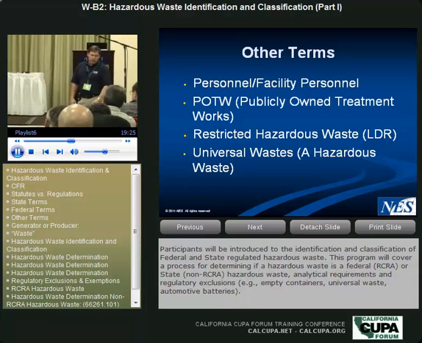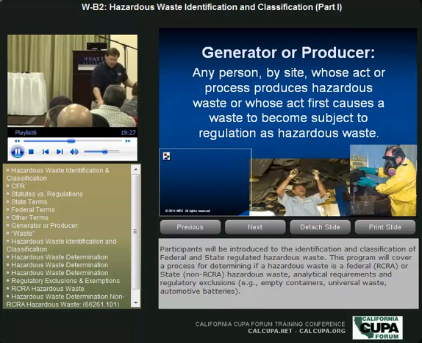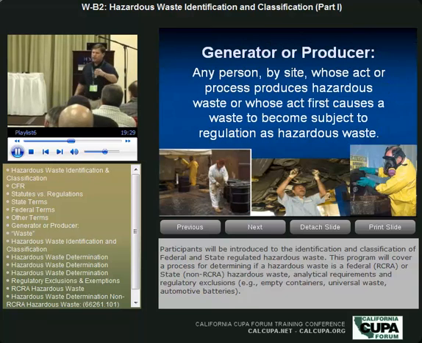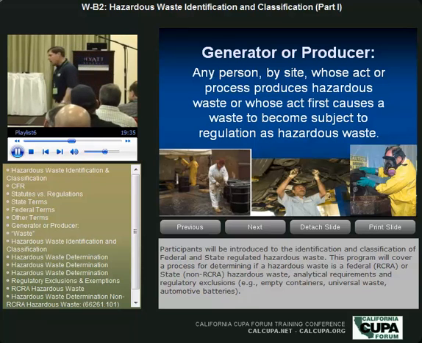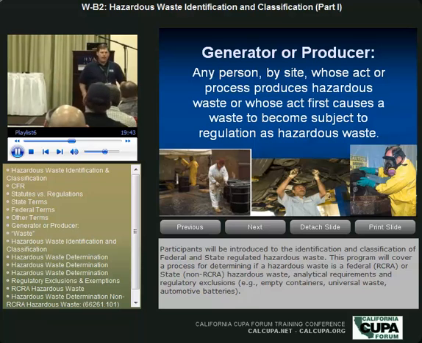Okay, generator or producer. So, go figure. The law enforcement agencies of the United States are involved in 12 to 14,000 meth incidences a year where people are producing, manufacturing meth. They didn't buy it. This is law enforcement. They didn't buy it, didn't use it, don't want it.